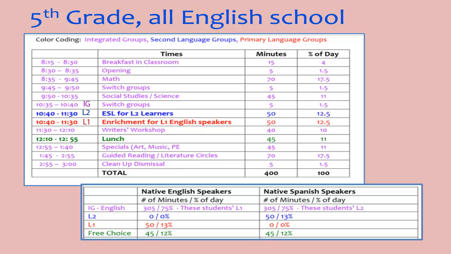The percentage of time in each setting is calculated, as represented in the summary chart. You will notice that all of the students spend the vast majority of their day in integrated groups. The native English speakers receive 50 minutes in a primary language group, while the bilingual learners are in second language groups. The native English speakers receive no second language instruction, and the bilingual learners receive no primary language instruction during the day.